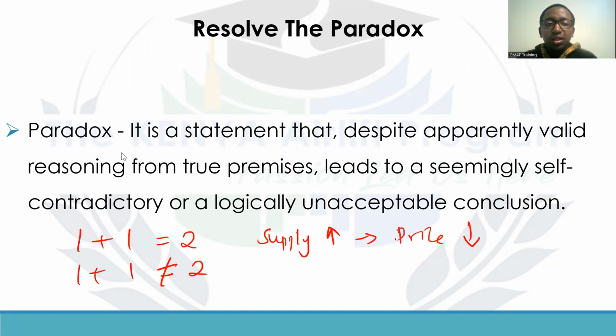But you have a situation where supply increases and price also increases. So that's a paradox. So you are supposed now to identify the choice that gives a valid reason why the result is opposite of what we expected.